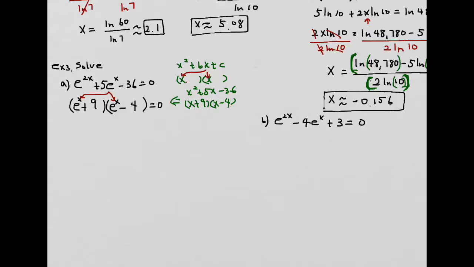It's just that instead of x and x squared, you have e to the x exponent and e to the 2x exponent, right? That's the only difference from your quadratic. Then once you factor, you let each factor equal 0.